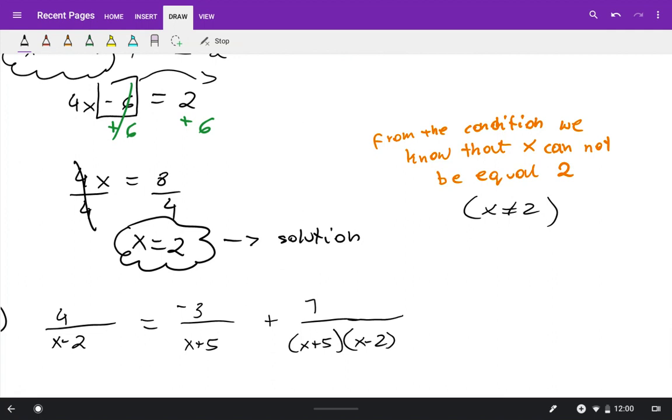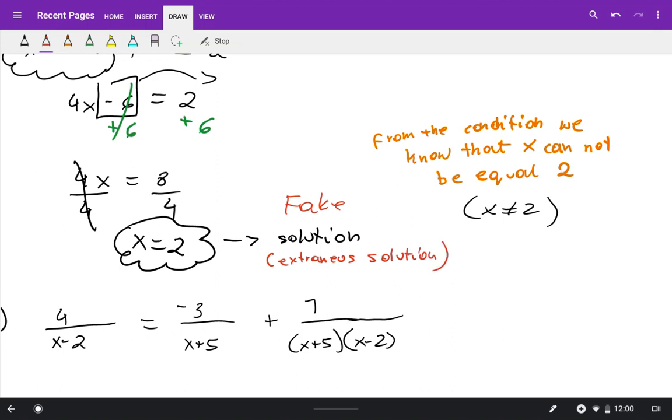Okay, so this is a fake solution, an extraneous solution. Fake solutions, we call them extraneous solutions. Using algebra, we were able to solve this equation.